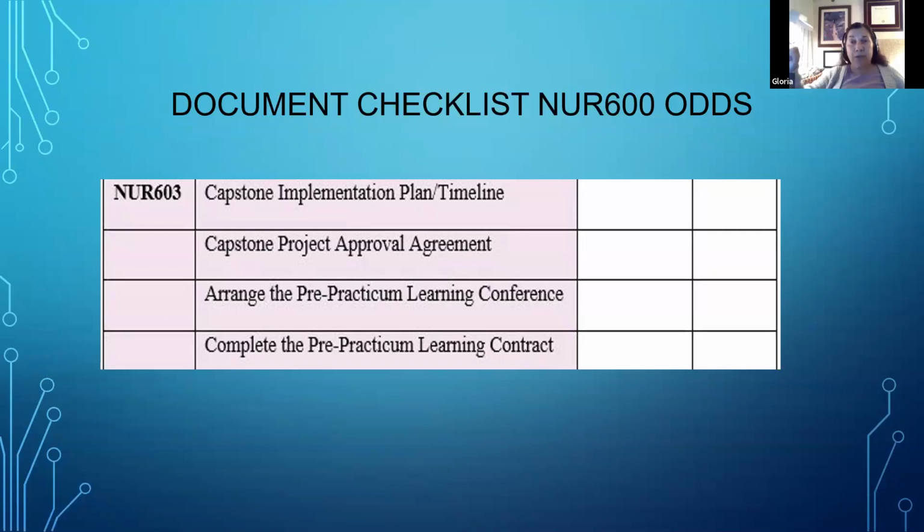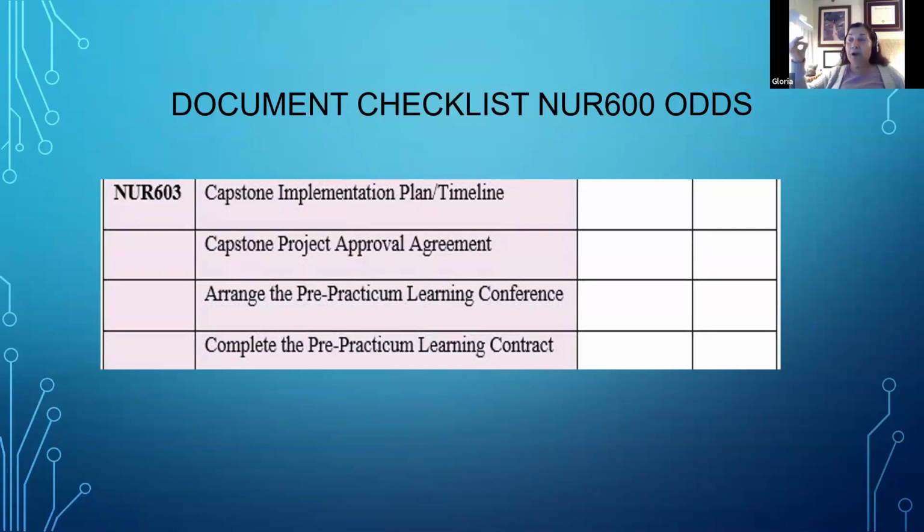Arranging a pre-practicum learning conference of any type, email, you can do it with Skype or Zoom, I love Zoom, is essential, and it is a requirement not only to have the conference, but to somehow record, even if you just make a note, you need to place it on this form and say, what time did it happen? Did you record it? Who was there?